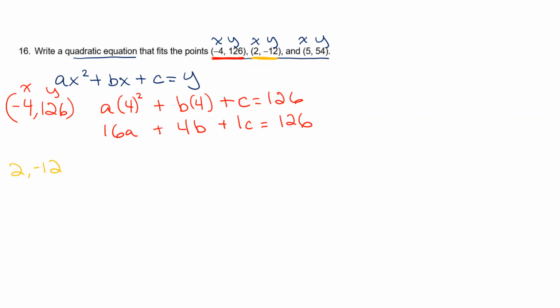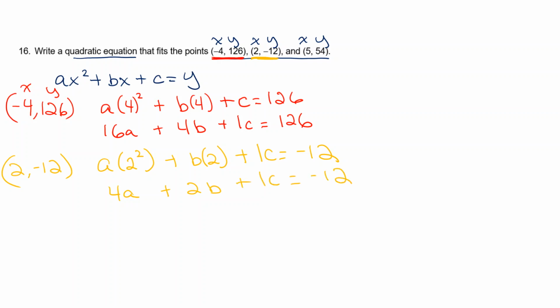Again, we're going to say a times 2 squared plus b times 2 plus 1c equals negative 12. So that's going to be 4a plus 2b plus 1c equals negative 12. And now I'm going to use my last point, 5, 54.